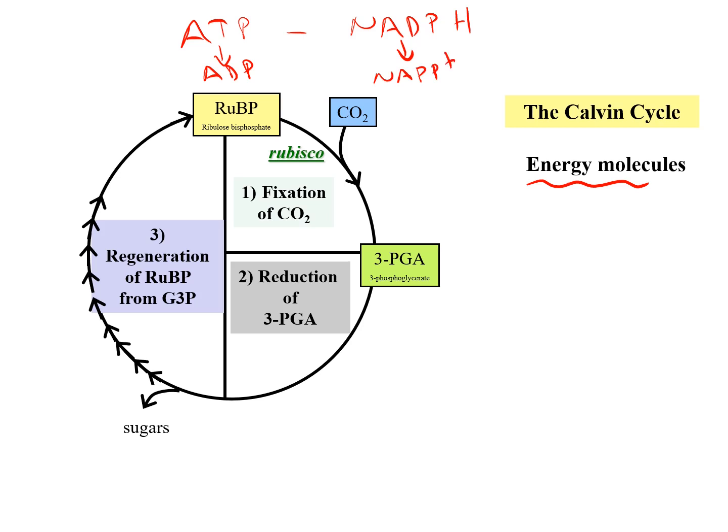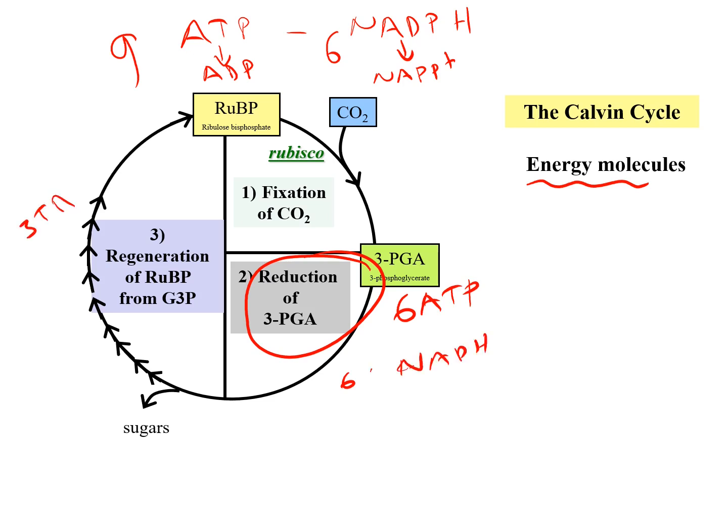And from this one you will require 9, and here you will require 6, and you will spend here 6 of ATP and 6 of NADPH, and here you will require 3 more of ATP.